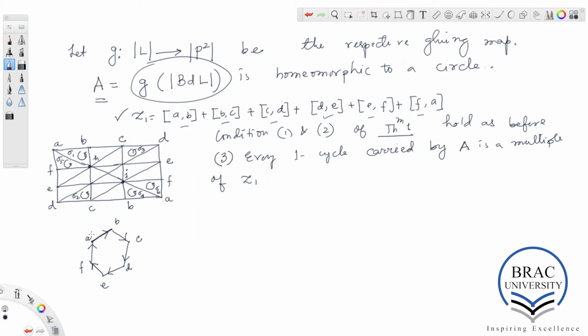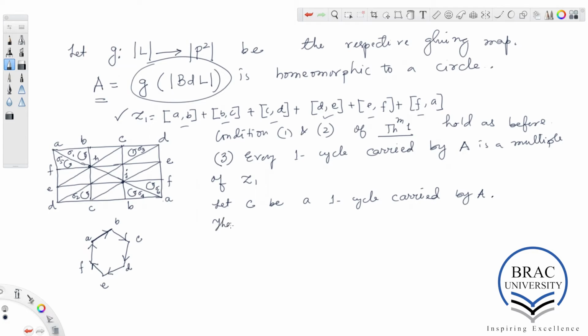All right. So let C be a one cycle carried by A, right? Which is homeomorphic to a circle, and this guy is homeomorphic to a circle, what we have here.